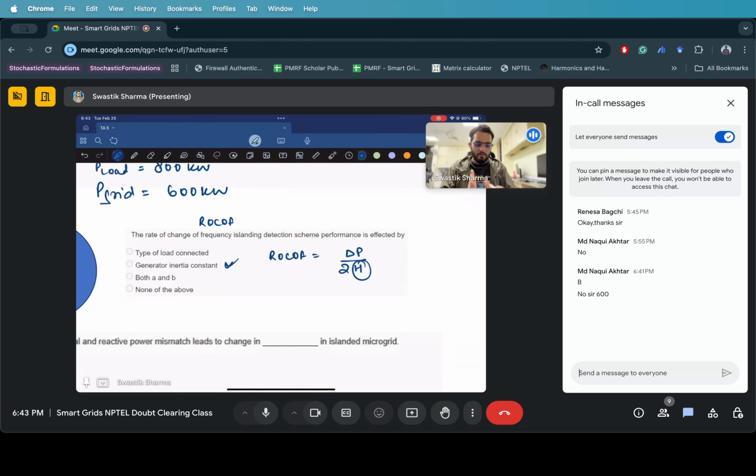When these go away, the delta P increases by the volume they were supplying, right? Similarly, power electronics based loads with solid state switching devices are very fast acting resources, right? If they cause imbalances, they directly affect the frequency as well. So ROCOF is dependent on the kind of load connected to the system. The correct answer is C, both A and B.